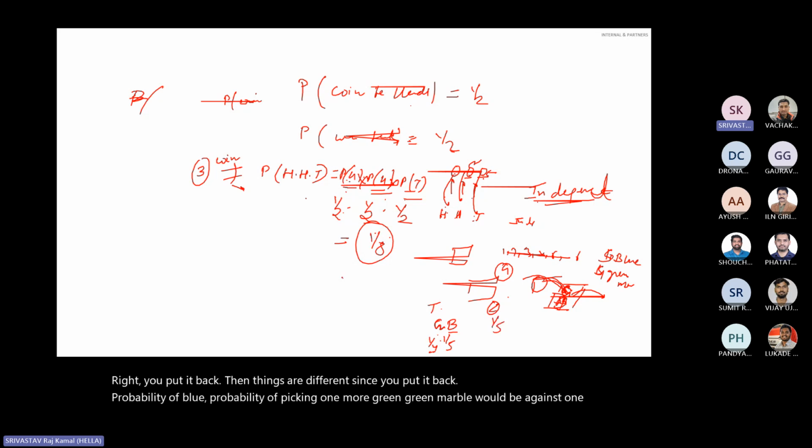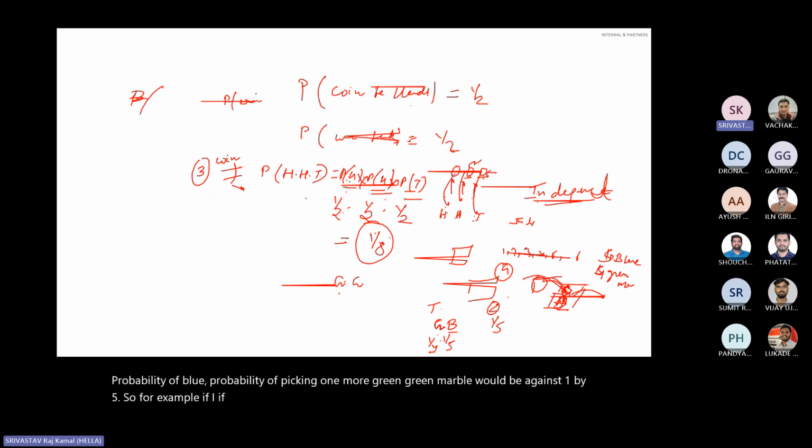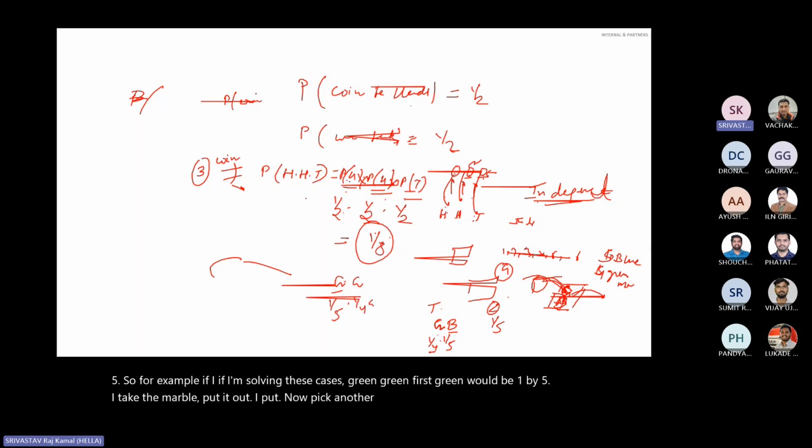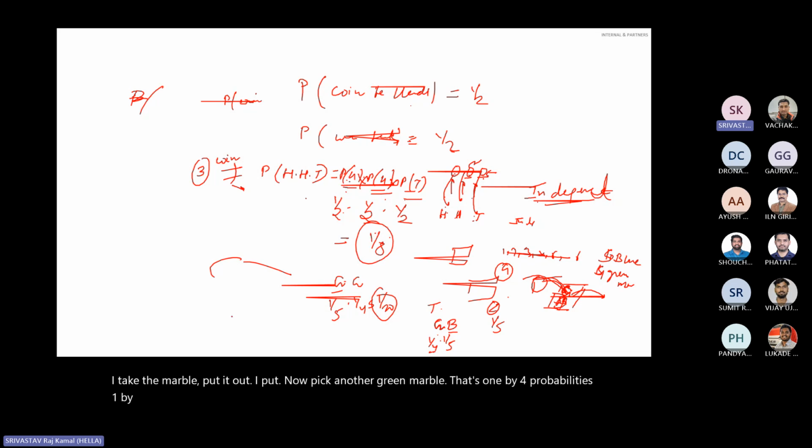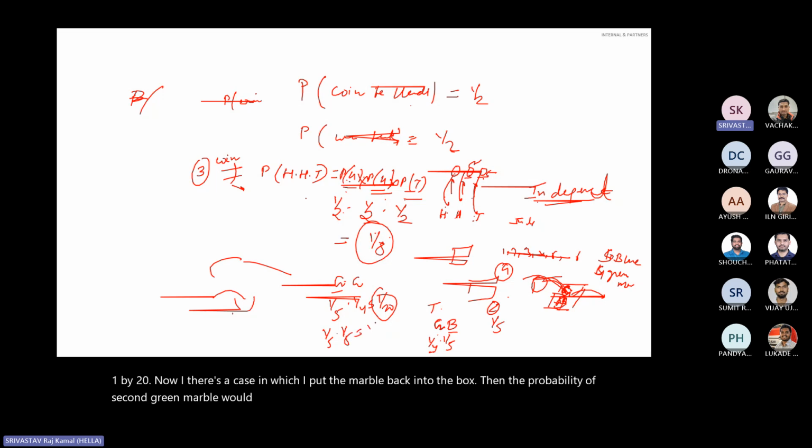So for example, if I'm solving these cases, first green would be 1 by 5. I take the marble out. I now pick another green marble, that's 1 by 4. Probability is 1 by 20. Now there's a case in which I put the marble back into the box. Then the probability of the second green marble would be 1 by 5. That's 1 by 25. So the probabilities are different. Why? Because the second event is dependent on the first event.